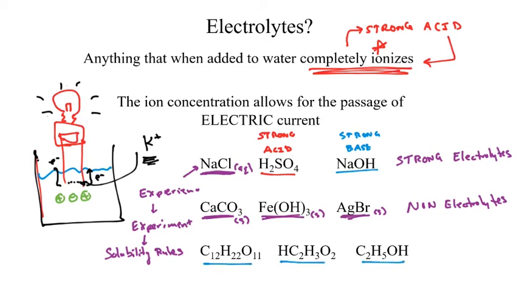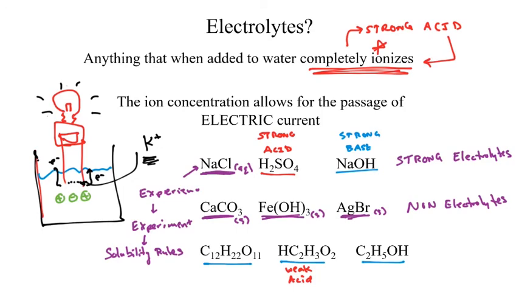Deciding with these, well, none of these are strong acids and bases, though we do see a tip-off that we're looking at an acid here. We would know it is weak because we memorized that it's not one of the strong ones. How do we know whether these should be strong or non-electrolytes? They don't fit the strong definition for acids and bases. They don't fit the definition that we've been using for solubility because they aren't ionic.